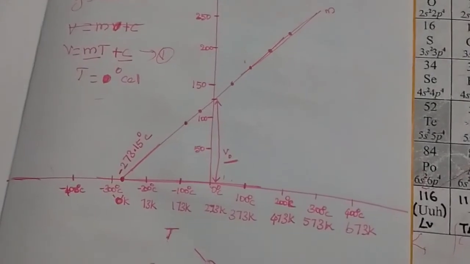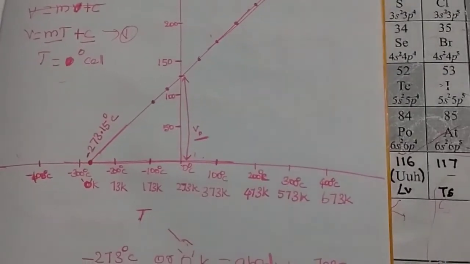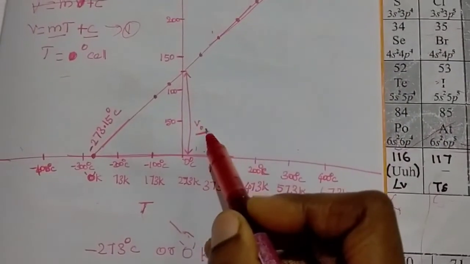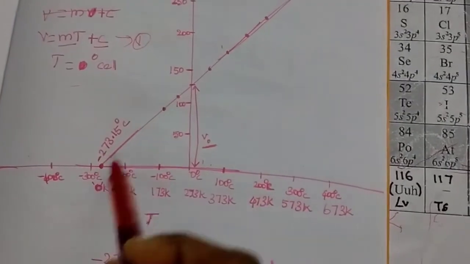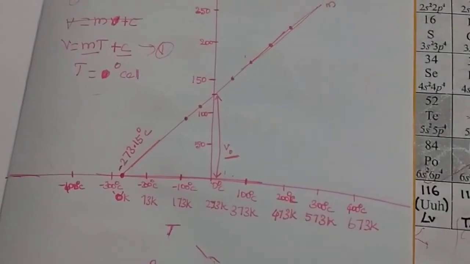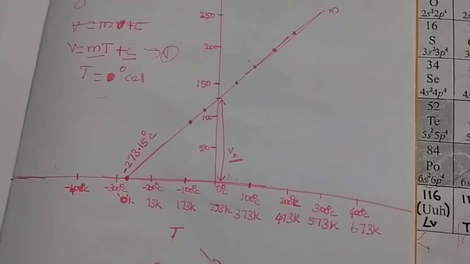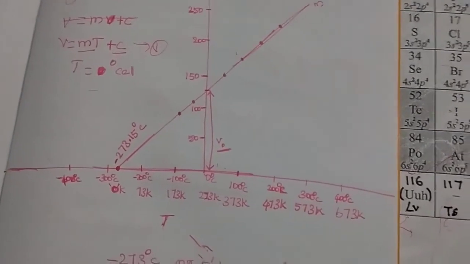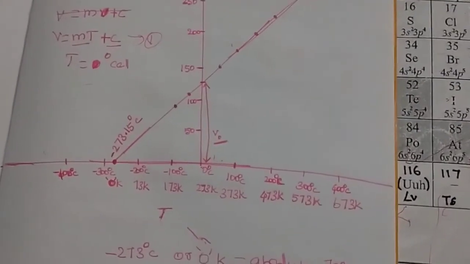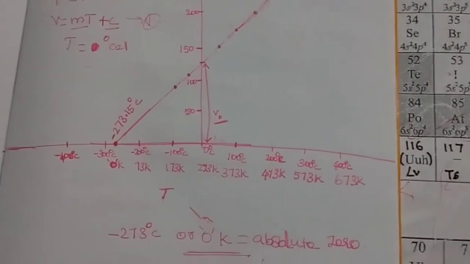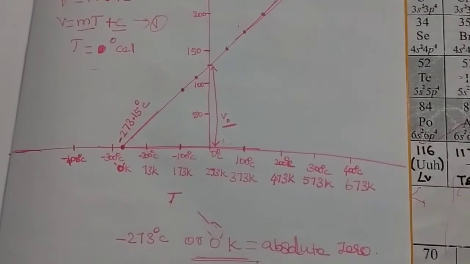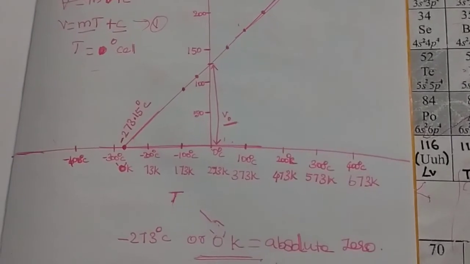Actually, zero volume is physically not possible at minus 273.15 degrees Celsius. That's why Kelvin discovered a new scale, the Kelvin scale.